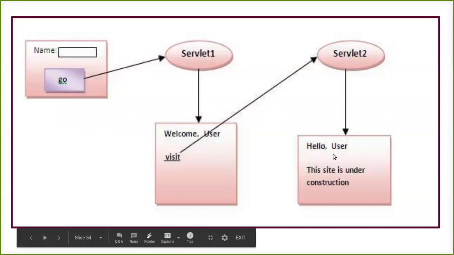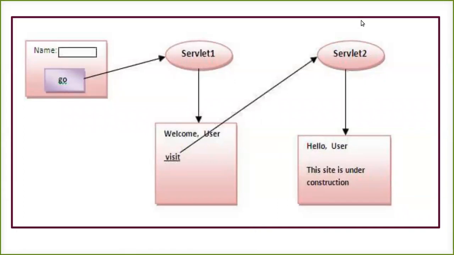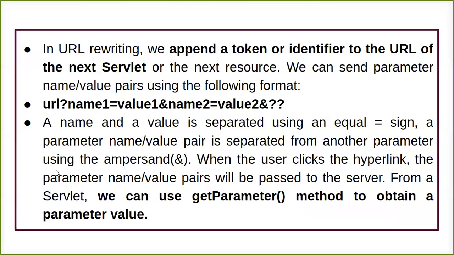Again I have the name and value pair. So this is how URL rewriting is going to work. It is not going to create new sessions for each web page. It is the same application, you get the same session ID, and you just get rerouted and remapped.